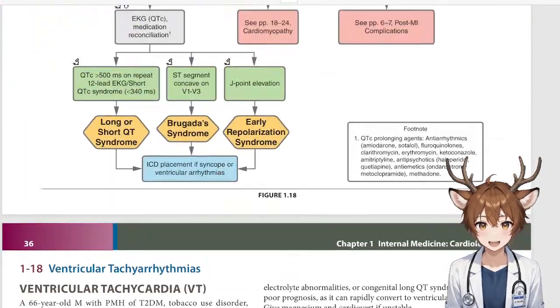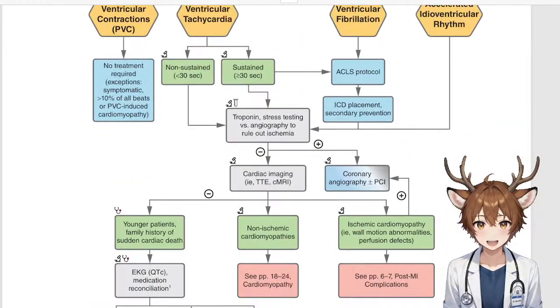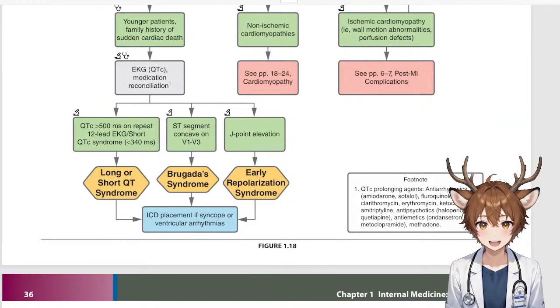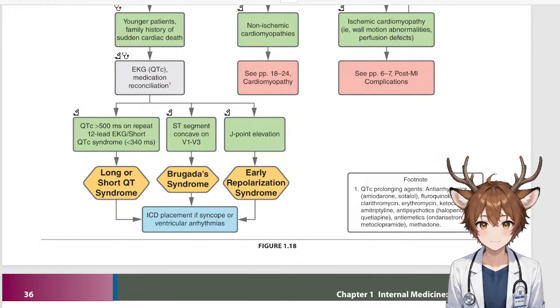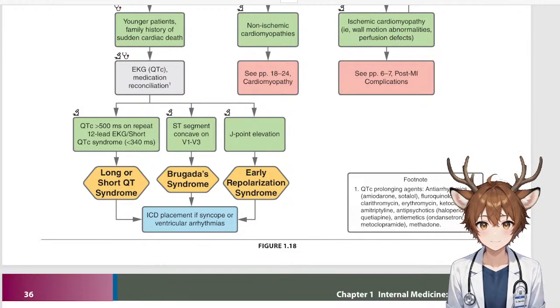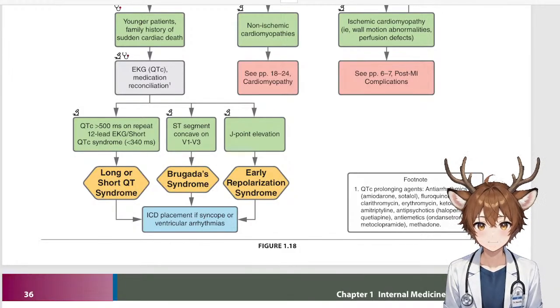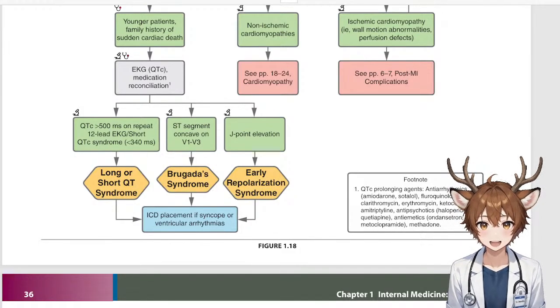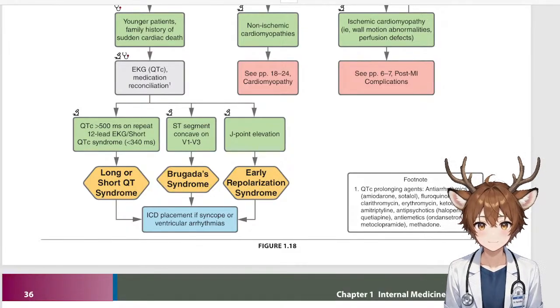So the end point for many of these is this final result of ICD placement if syncope or ventricular arrhythmia. ICD placement is implantable cardioverter defibrillator.